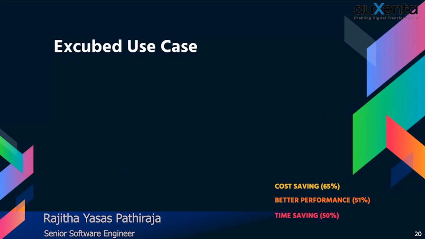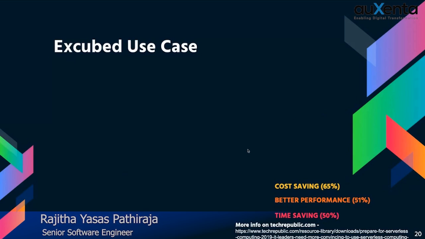So going serverless was the best option for them at that time. A survey conducted by TechRepublic.com in 2019 found that by going the serverless way, you can save cost by an average of 65%, improve performance by 51%, and save time by 50%.